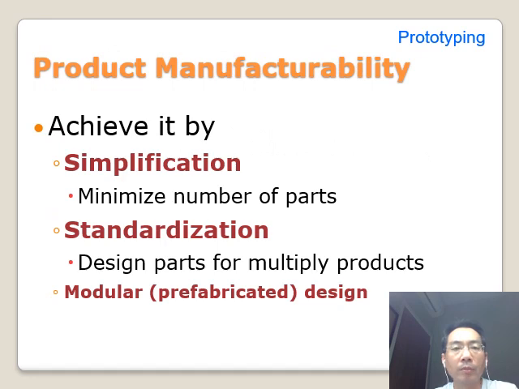We have mentioned product manufacturing ability a couple of times. Currently, product manufacturing ability is considered a very mature process in industry. So a group of experienced engineers will look at the design as well as the manufacturing process of the product. They finalize and optimize everything.